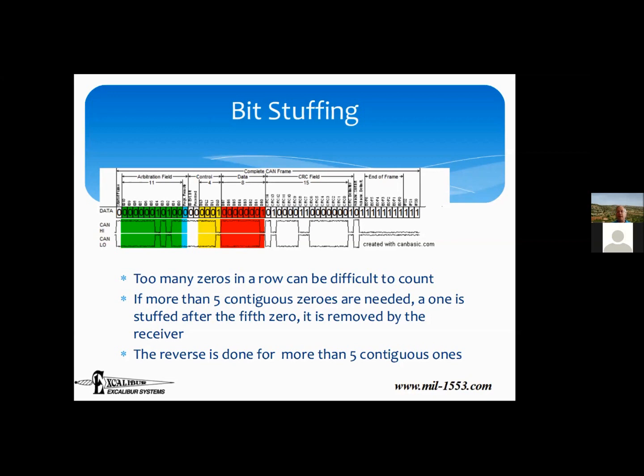So if you have one of them that's a little bit fast and one of them that's a little bit slow, on a single bit it's not going to matter that much because it's going to be fairly close. But the more bits that I put next to each other, I'm going to be multiplying that error each time. And so if I have too many bits in a row, let's say I've got 100 bits in a row, one of my oscillators thinks that that's 101 microseconds, and the other one thinks that it's 99 microseconds. How many bits do I have? 99, 100, or 101? So it's a bad idea to never switch, to have just a straight line.